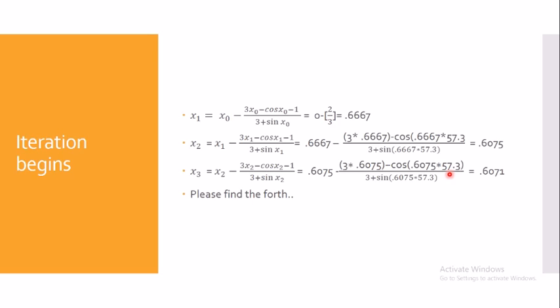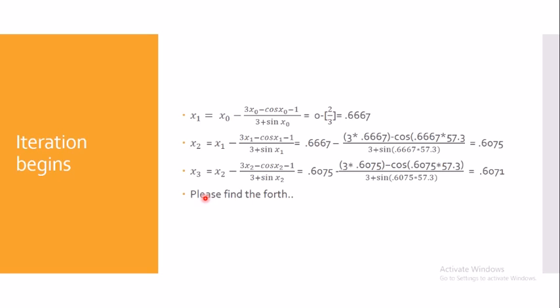If I multiply it by 57.3, I will get the answer as 0.6071. Is there any similarity between these? Now you have 3 places, but we were asked to find 4 places, so let's move on to the fourth iteration.